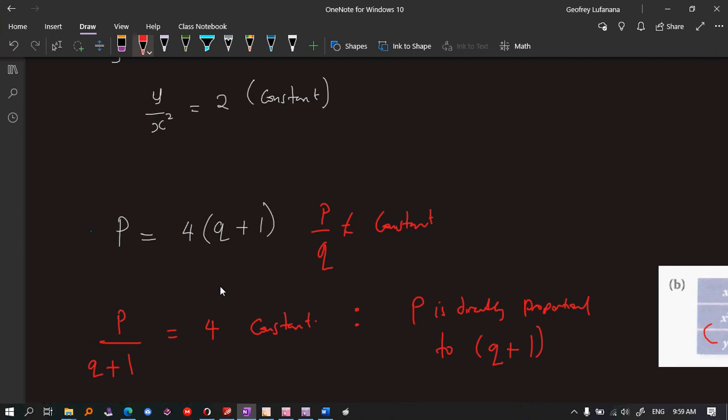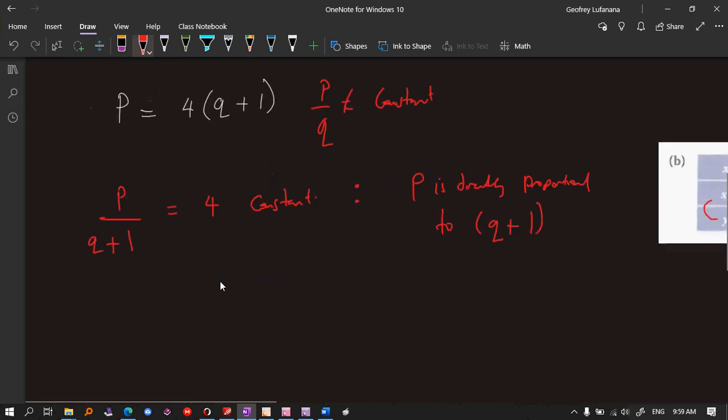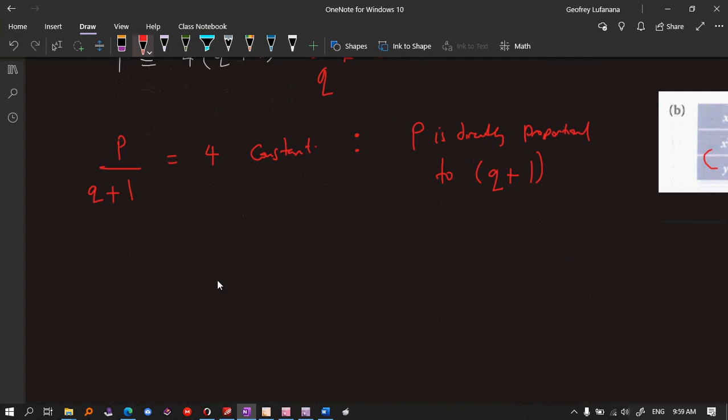And if you plotted a graph of p divided by q plus 1, it would be a straight line through the origin. So what have we been talking about? We could have two variables, but the direct proportionality this time is between a variable and an expression.